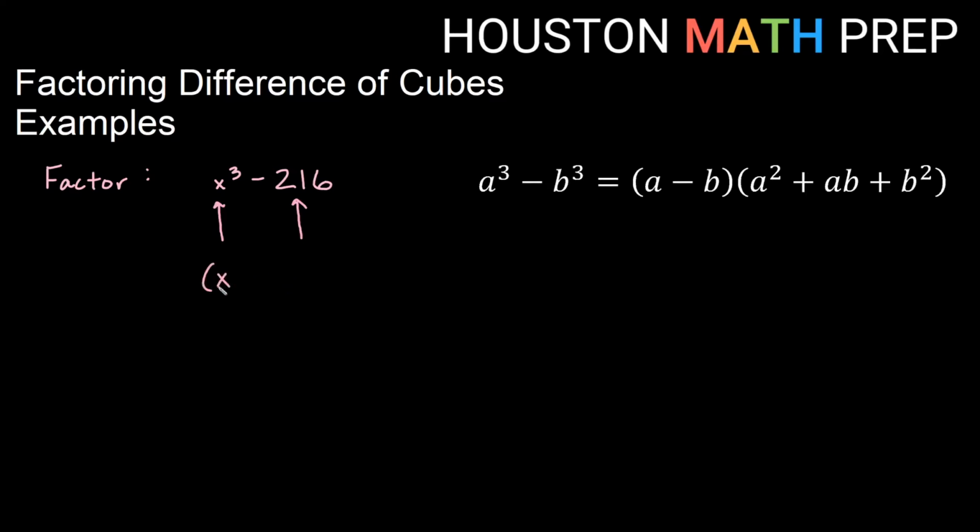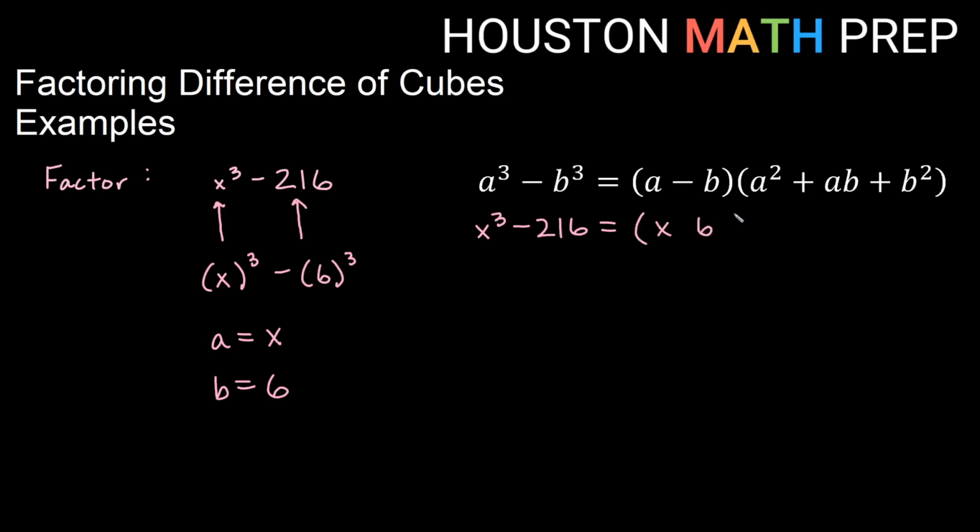So here we have x cubed, 216, this is 6 cubed. And we have minus in the middle, difference of cubes there, with a being x in this example, and b being 6. So if we plug our a's and b's into our formula for x cubed minus 216, a and b are x and 6.